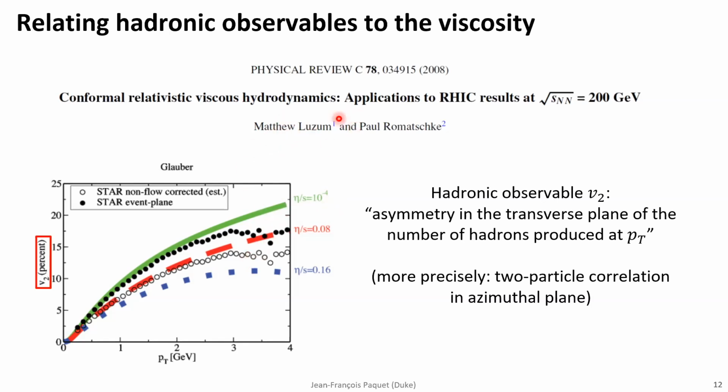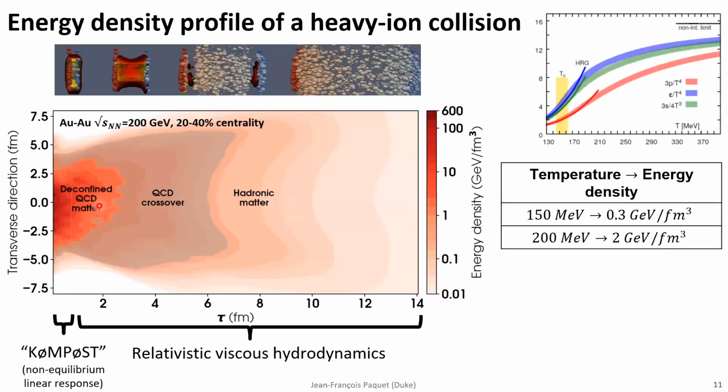This is one of the pioneering papers by Matt Luzum and Paul Romatschke, where they showed that if you look at the hadronic v2, which is in a sense how many hadrons are produced in one direction, as opposed to how many hadrons are produced in the other direction, which would be coming out of the screen.